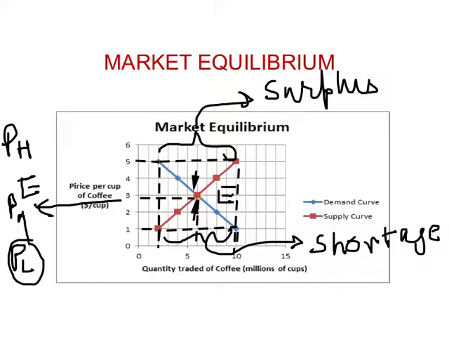So when we have a situation of surplus, or supply is greater than demand, chances are prices will fall and they'll go on falling till we hit equilibrium. On the other hand, when we have a shortage, there'll be a tendency for prices to rise. And as prices rise, quantity supplied will increase, quantity demanded will fall, and eventually we'll hit equilibrium.